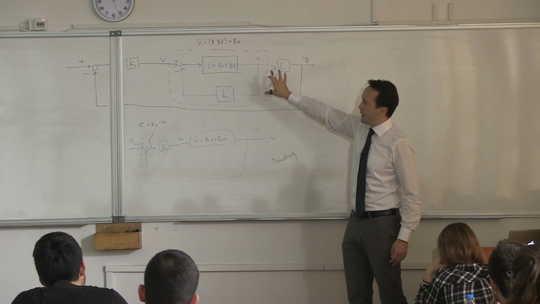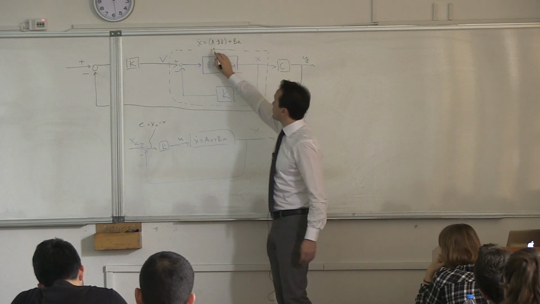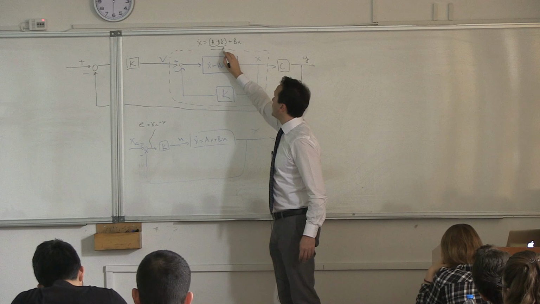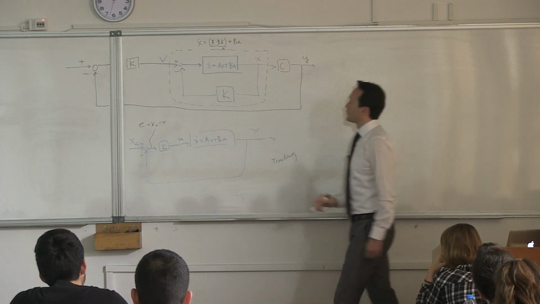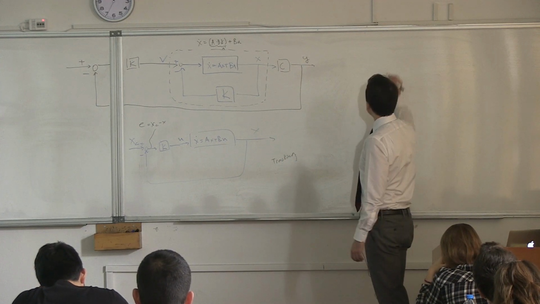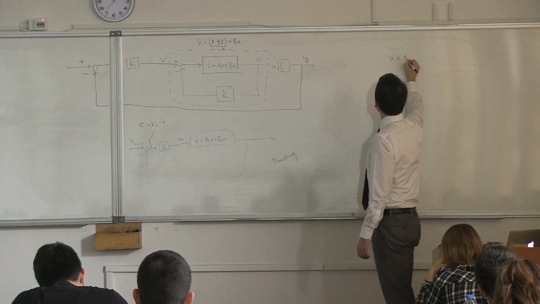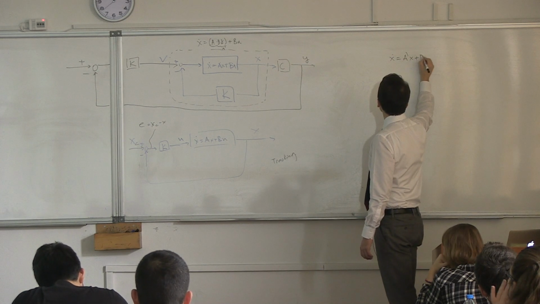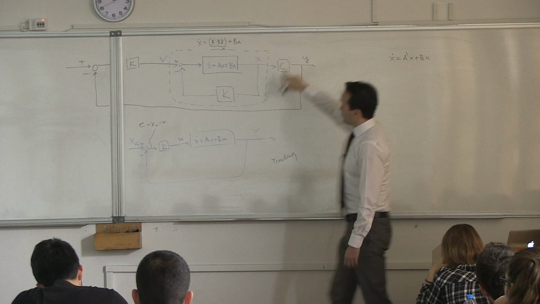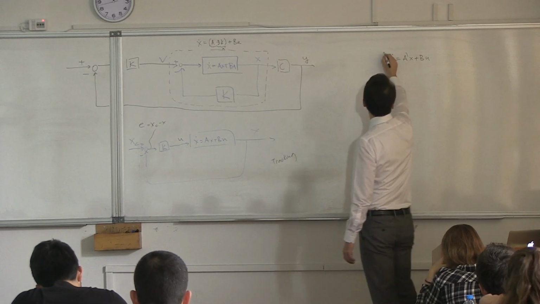That dotted line is that. So this is another closed loop system, so you could call this one a prime. So it would be like this. X dot is equal to a prime times x plus bu. That would represent the closed loop system.